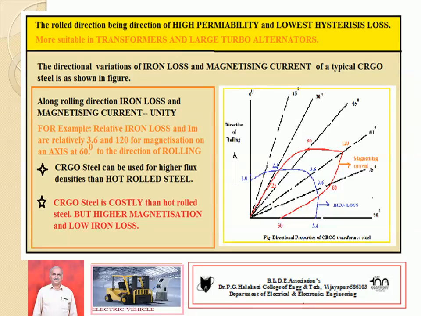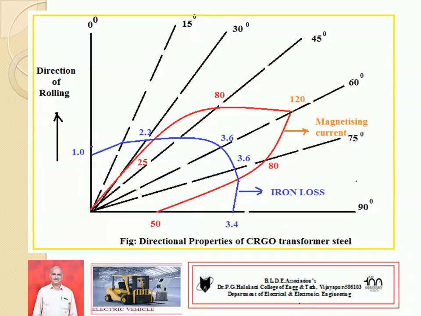Now we can observe very clearly the variation of iron loss and magnetizing current. It is taken as 1 in the direction of rolling. It is plotted at 0, 15, 30, 45, 60, 75 and 90 degrees.